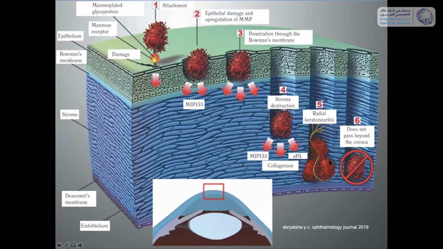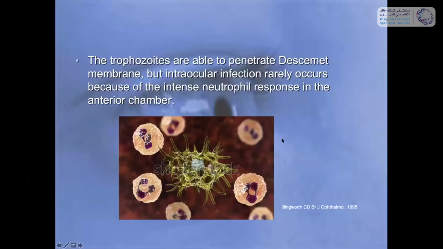Usually, the trophozoite does not go beyond the Descemet membrane, because the extensive neutrophil response in the anterior chamber prevents the trophozoite from entering the anterior chamber. So the trophozoite, as I told you, cannot penetrate this membrane. It can, but it is very rare. And this is because of the intense neutrophil response in the anterior chamber.